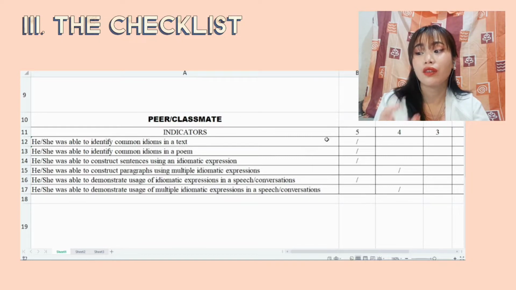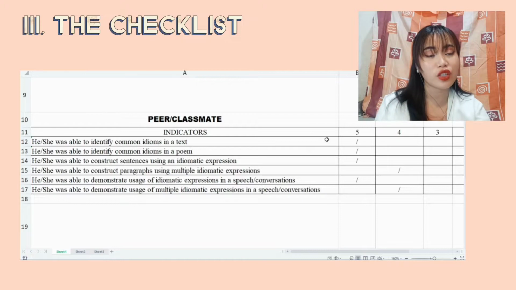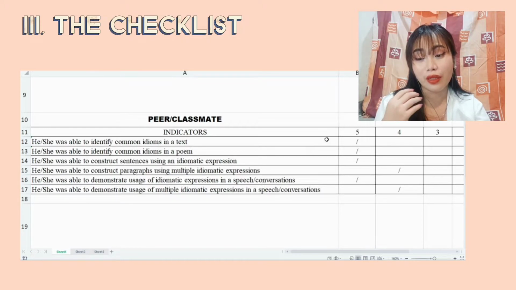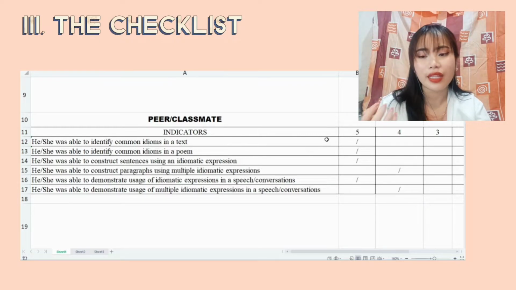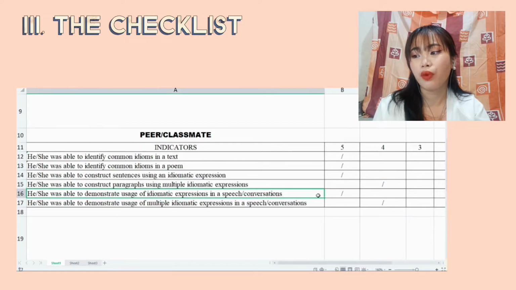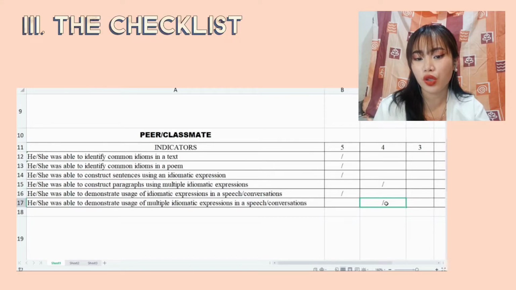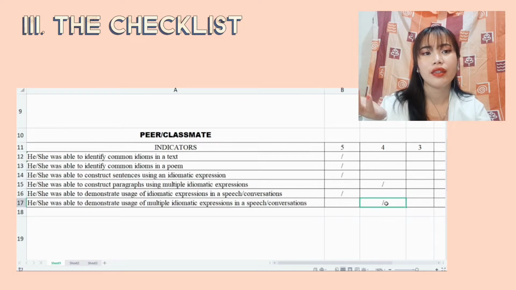And also, he thinks Chris is able to demonstrate usage of idiomatic expressions in his speech or conversation excellently, so he rated Chris 5. And for the last indicator, he thinks the same way as Chris, that Chris is not able to demonstrate usage of multiple idiomatic expressions in a speech or conversations at the same time. So that is their rating.